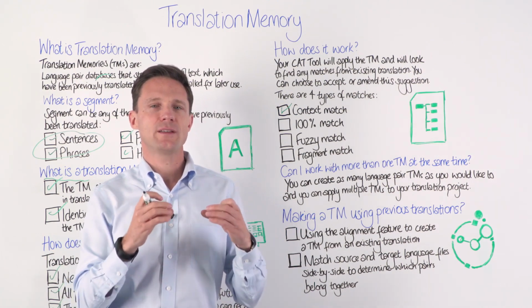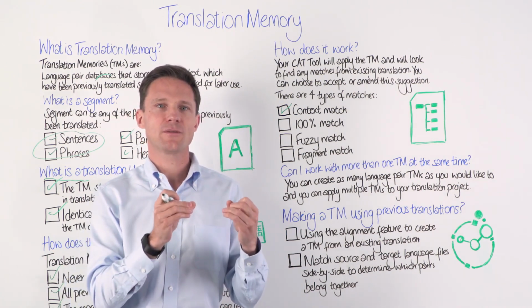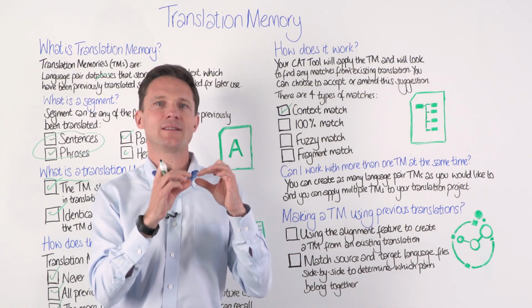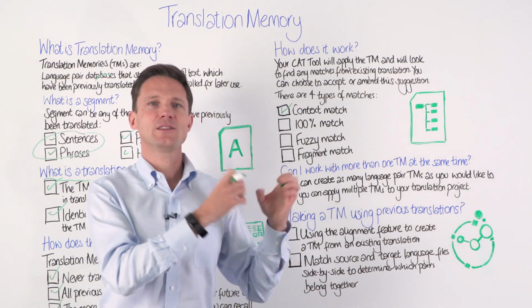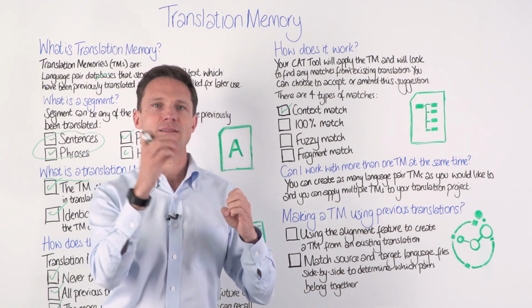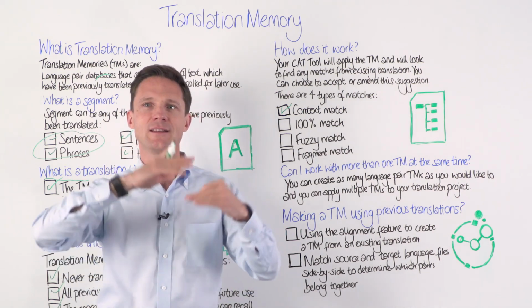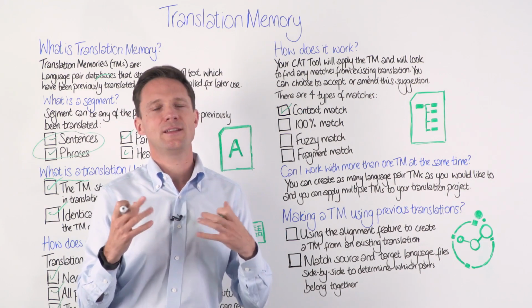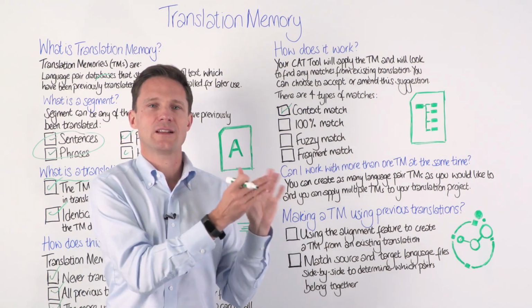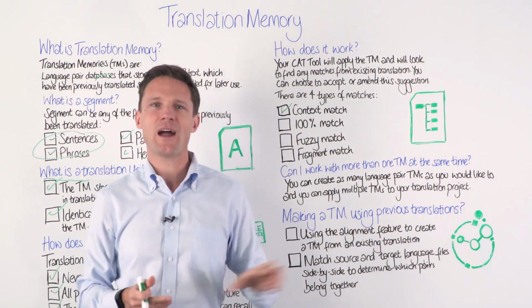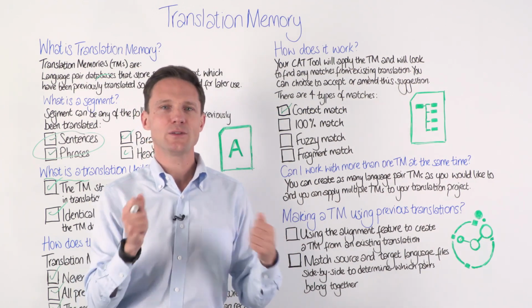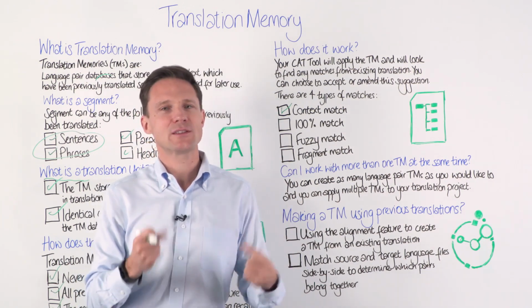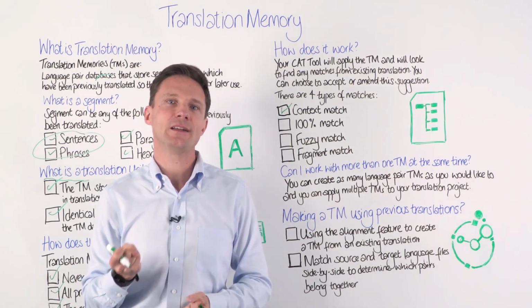This is where you have translated something before, but not only did you translate that sentence, the translation memory can recognize that you translated that sentence and the sentences around it. So in that case, the system can say, not only did I translate this before, but what's around it is also the same. So that's a context match, because the chances are that that is going to be a really good match.